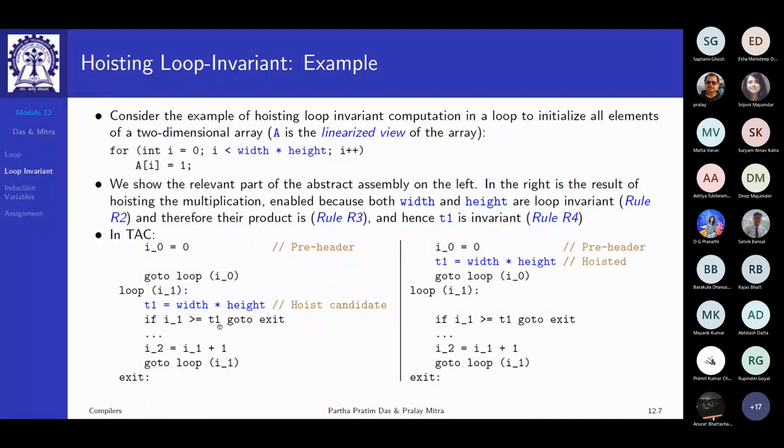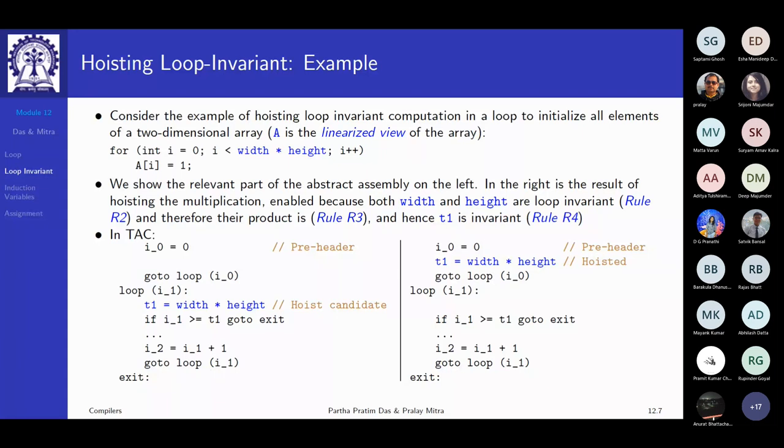Otherwise, you do the task, which is computing the actual location of A[I] by index times size, etc., and then getting the address of A[I] and making the assignment. So we skip all those. We do I assigned I plus 1, and we go back. We keep on doing this. So this is the basic translation of this code. So you have a very, very simple loop, and that helps to illustrate this.